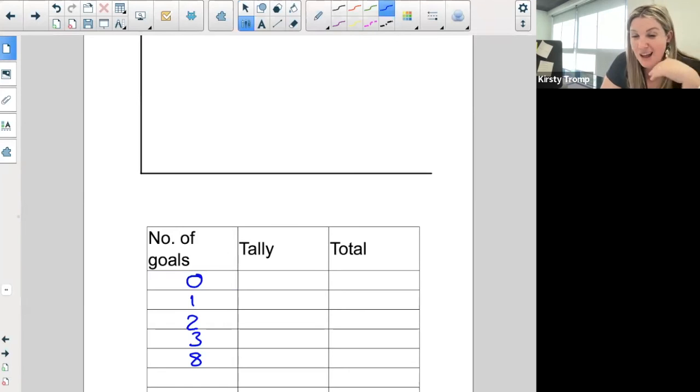I'm going to help you out here, guys, because I want to get to the questions, which are our mode and our median and our mean. So I want to go through those with us. I'm going to help you out with our tally quickly.